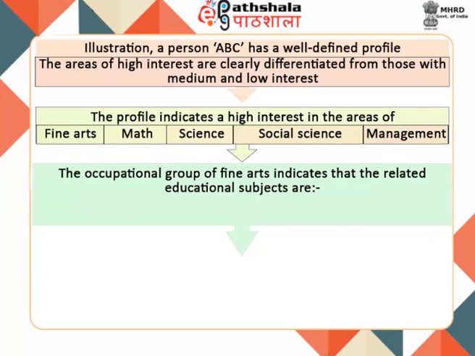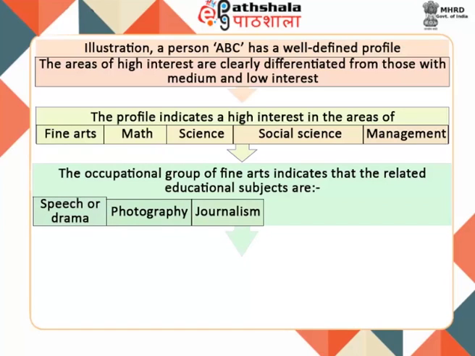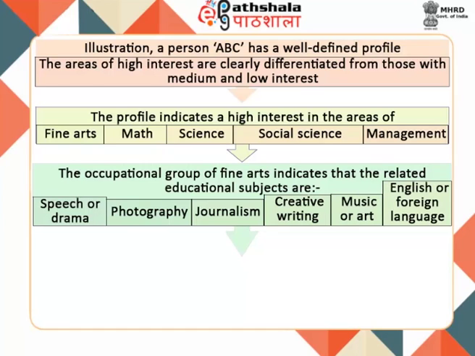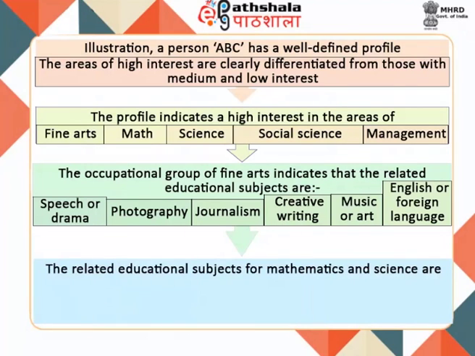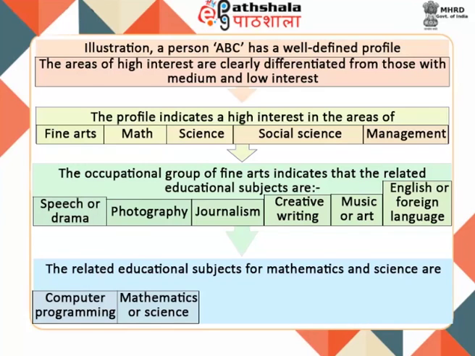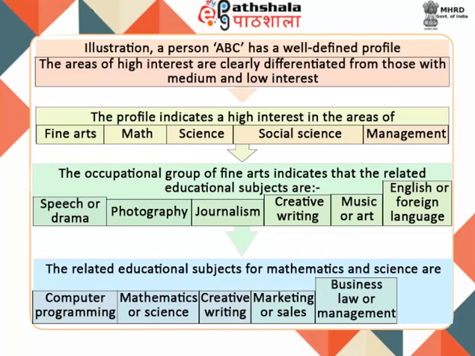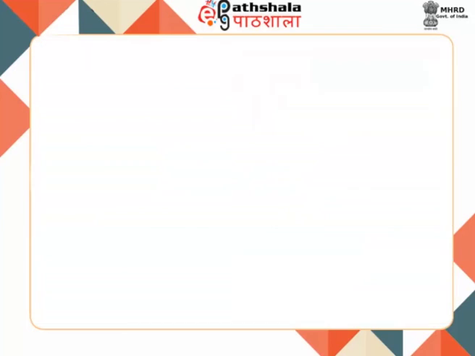The occupational group of fine arts indicates that the related educational subjects are speech or drama, photography, journalism, creative writing, music or art, and English or foreign language. The related educational subjects for mathematics and science are computer programming, mathematics or science, and creative writing, along with other subjects like marketing or sales, business law or management, and bookkeeping.